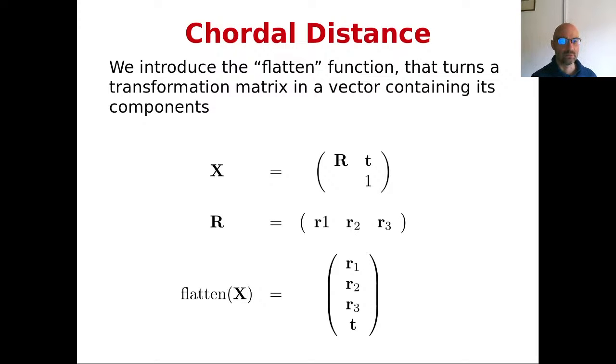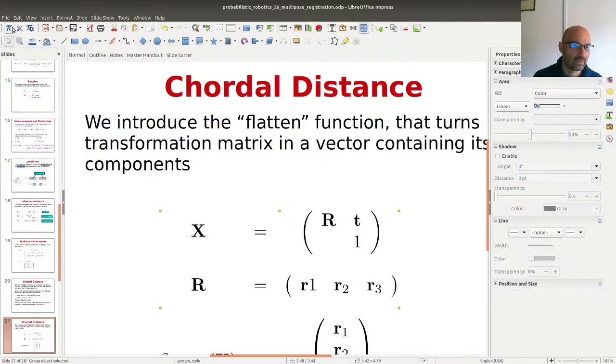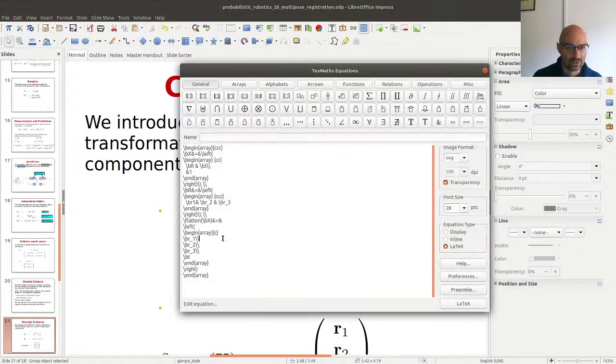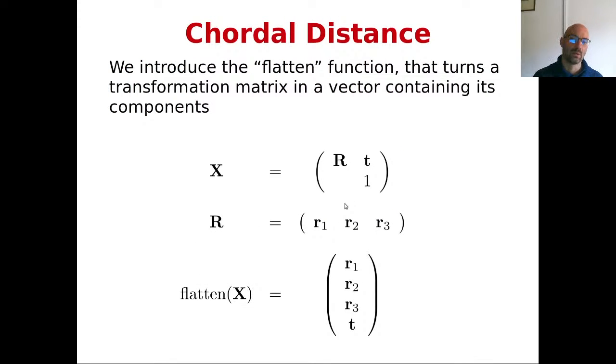Okay, so let's say that I have a generic transformation X, which is represented in this way: a rotation matrix, a translation vector, and the famous one here. I could see my rotation matrix as a 3-column vector R1, R2, and R3.